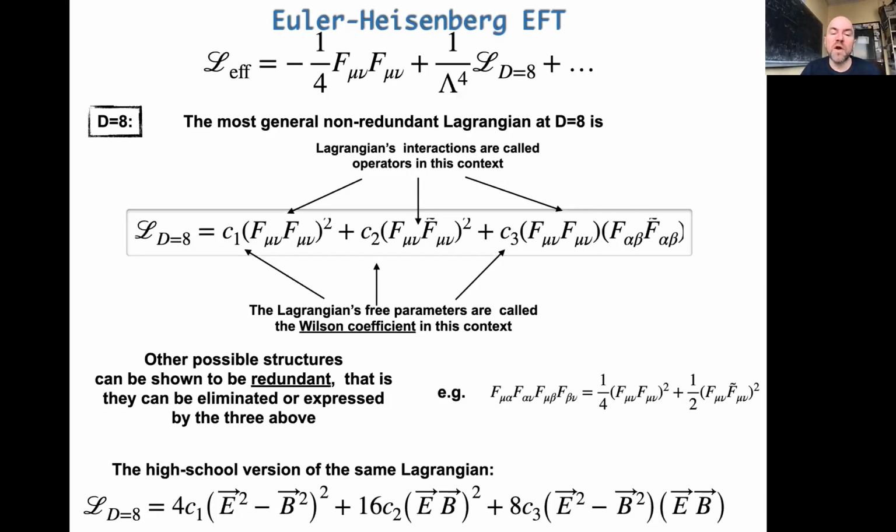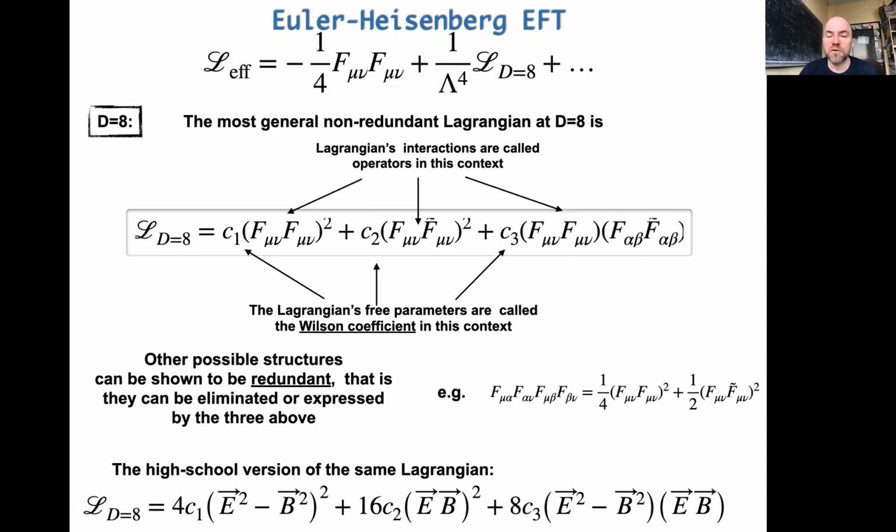So we can write F mu nu squared, squared, as a possible interaction with dimension 8. But it's not the only possibility. You can show that there is another, independent way to write this term, which is F mu nu tilde F mu nu, squared. So this is an independent interaction between the photons.